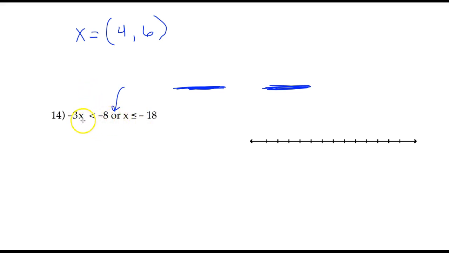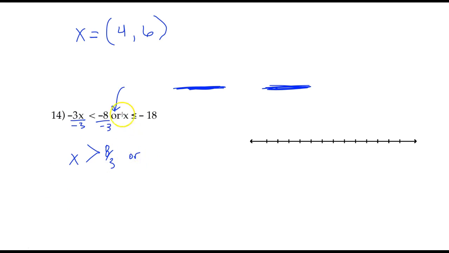Now, for this, if we want to get x by itself, solve this one, we'll divide both sides by -3. And now remember, whenever we take an inequality and multiply or divide it by a negative number, we have to flip the sign. Okay? And of course, -3 divided by -3 reduces to 1, and -8 divided by -3 is +8/3.